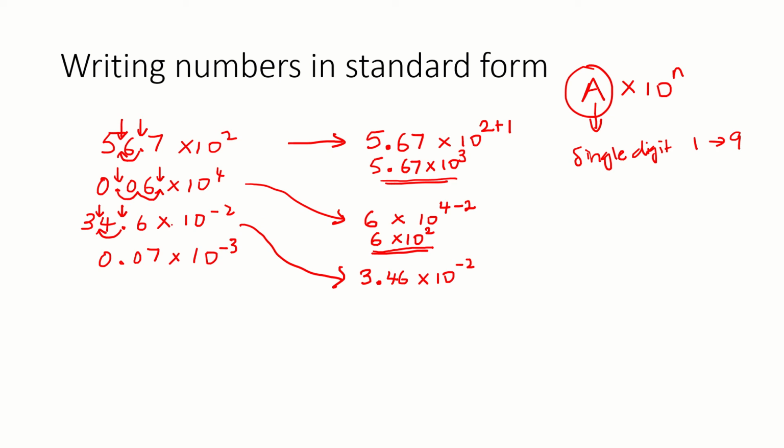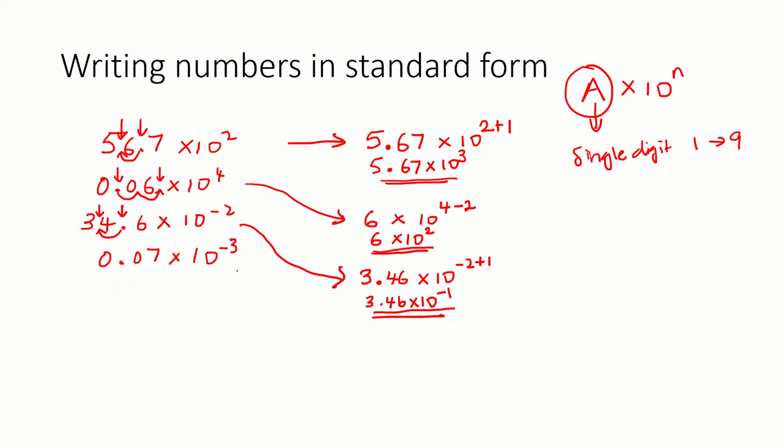So when we move from left to right, we plus. Okay, so you plus 1 step, which is plus 1. So the answer will be 3.46 times 10 to the power of negative 1. Okay, and that will be the standard form. That is correct. Single digit followed by decimal and then the rest of the digits here.